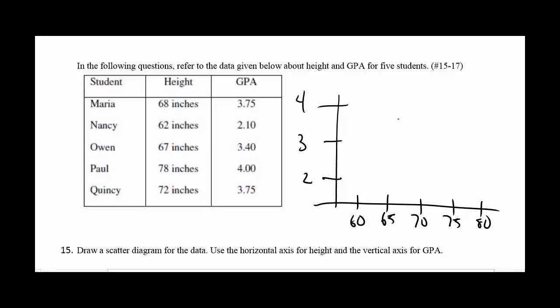So 68, 3.75 would be about there. 62 and 2.1 would be there. 67 and 3.4 would be right about there. 78 at 4.0. And 72 and 3.75. Okay. So there's my rough sketch, and that's about as good as I'd expect to see, something like this.